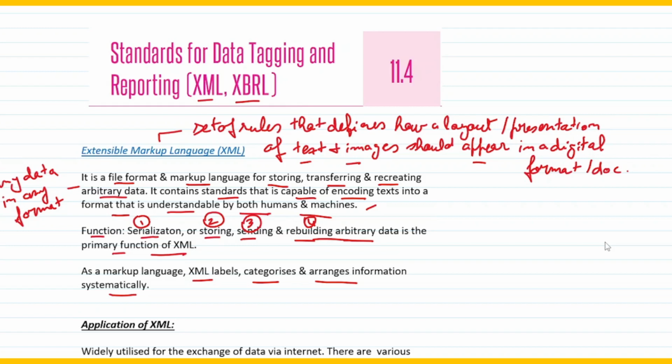It contains standards capable of encoding text into a format that is understandable by both humans as well as machines, right? What exactly is its function? Its function is serialization, storing, sending and rebuilding of arbitrary data. A markup language also helps you in labeling, categorizing and arranging information systematically. So that's the main definition of XML.